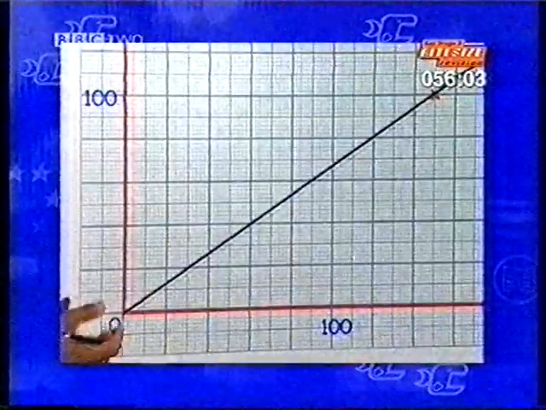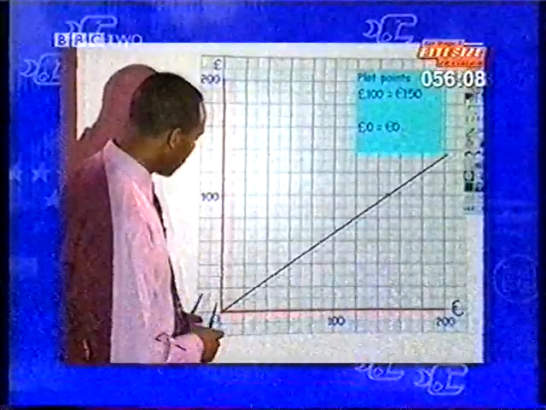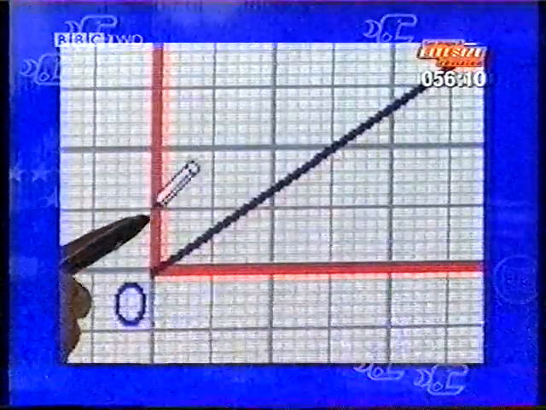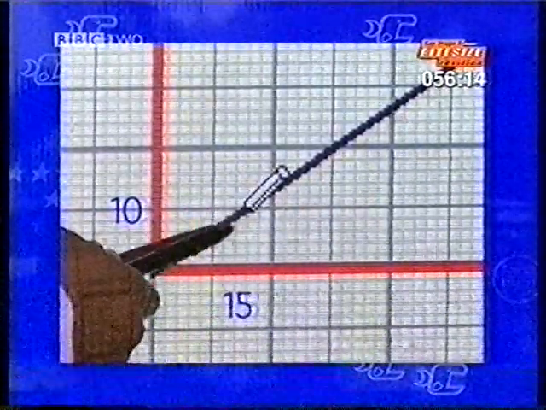We can check if we've done this correctly by looking at another value. So for £10, which is here, it should be 15 euros, and yes, we've done that correctly.